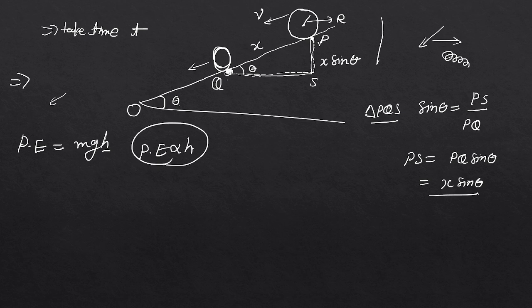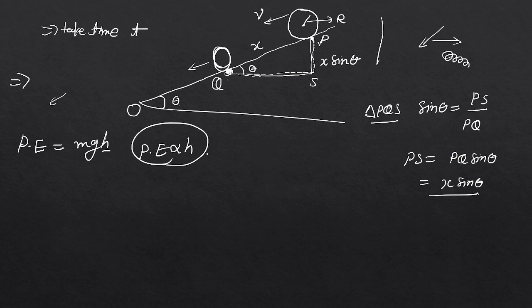As the height decreases, the body goes toward the surface, and the potential energy decreases. To the same extent, the kinetic energy will increase.